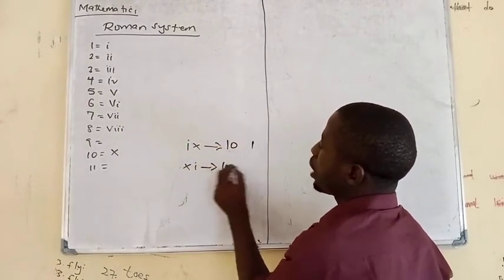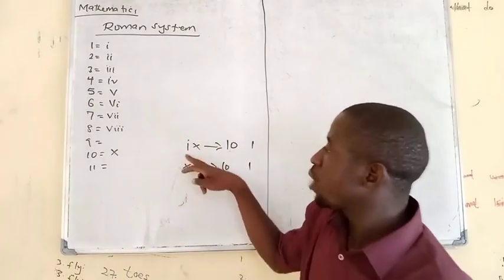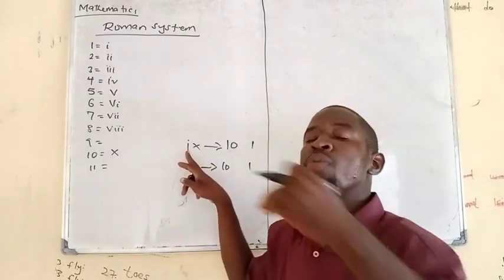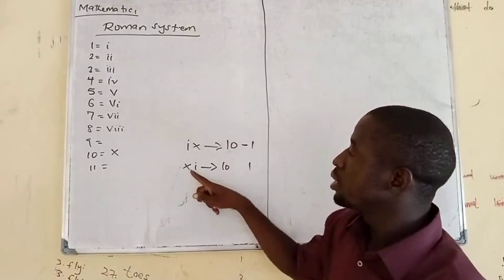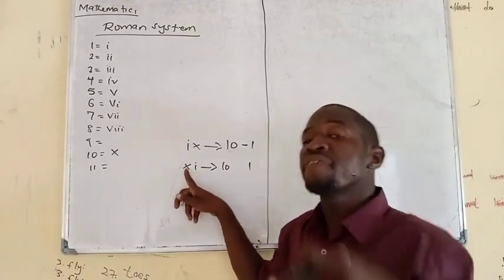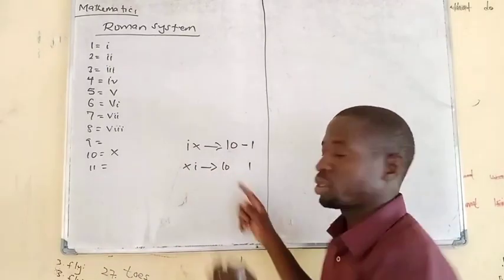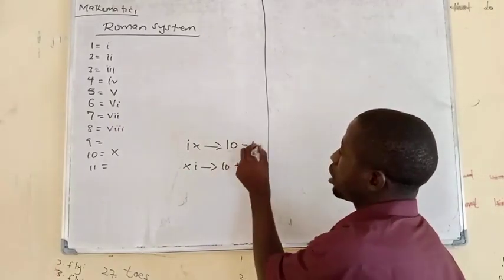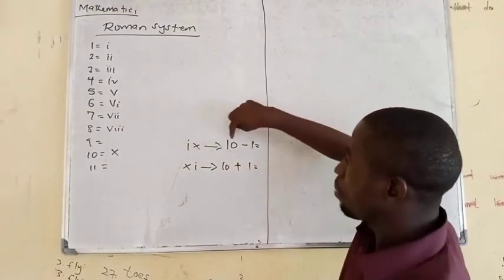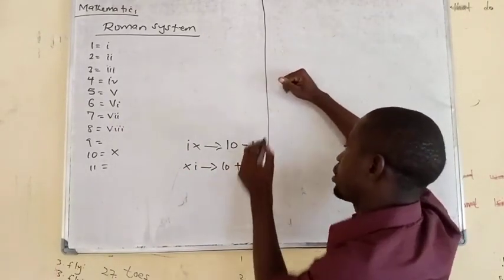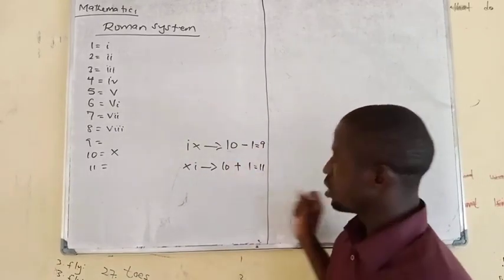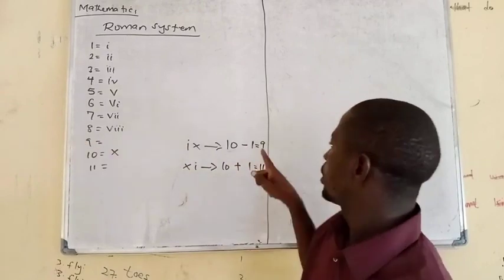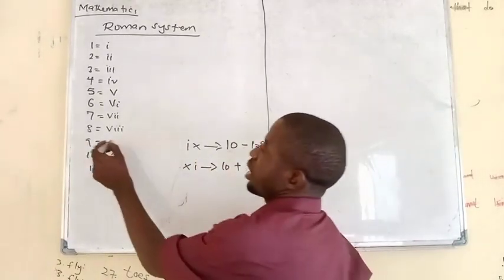In this one, since the smaller number comes first, it is minus. In this one, the bigger comes first, so it has to be plus. Now 10 minus 1 is 9, and 10 plus 1 is 11. So 9 is IX.